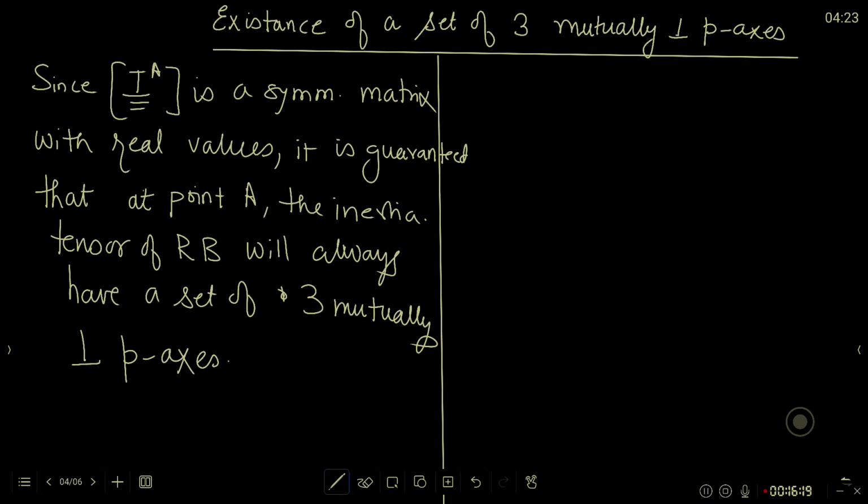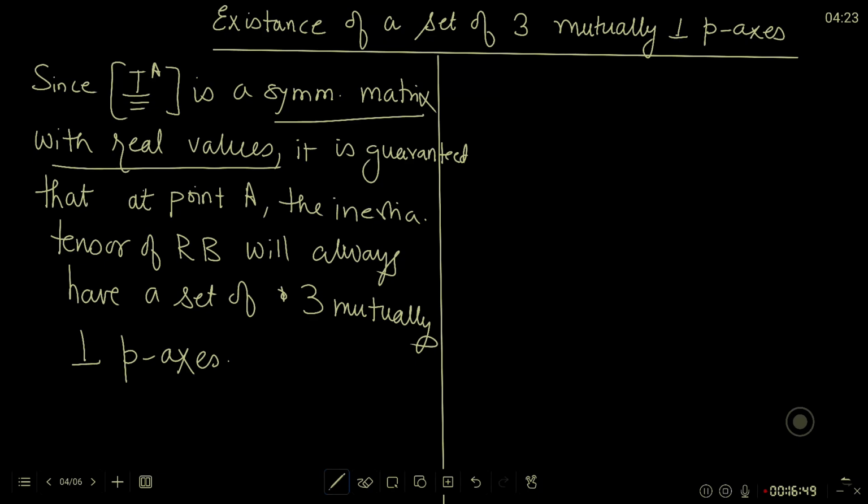So this is a statement I am making. Since inertia matrix of the RB at point A is a symmetric matrix with real values, right? All components will be real. By real I mean they are not complex numbers but are real numbers. It is guaranteed that at point A the inertia tensor of RB will always have a set of three mutually perpendicular axes.